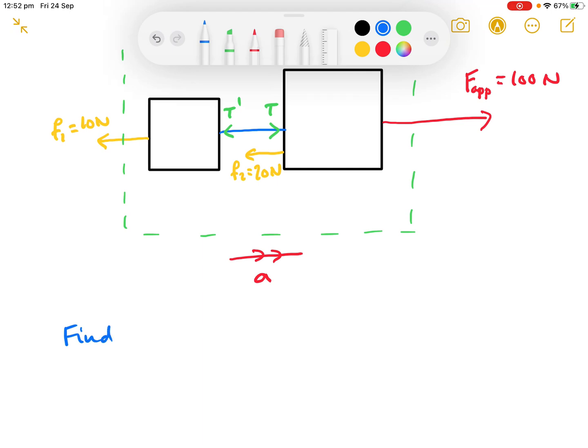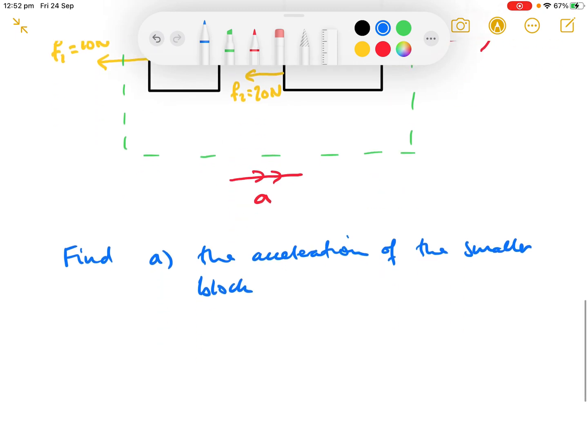Two things. Find A, the acceleration of the smaller block, and B, the tension in the coupling.